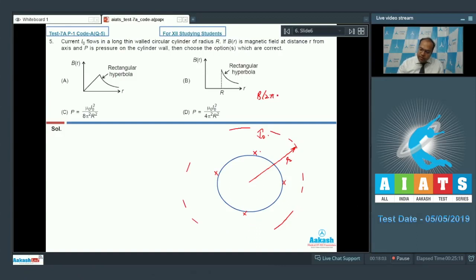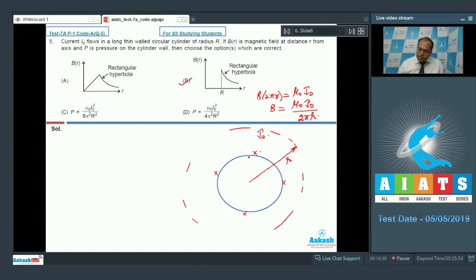So B into 2 pi R is equal to mu naught into the current enclosed, that is I naught. So the value of B comes out to be mu naught I naught divided by 2 pi r. If I see the variation of magnetic field with respect to distance r, then option B is correct and A is wrong. Now I have to find out the pressure on the cylindrical wall.